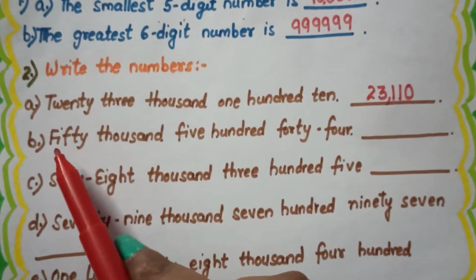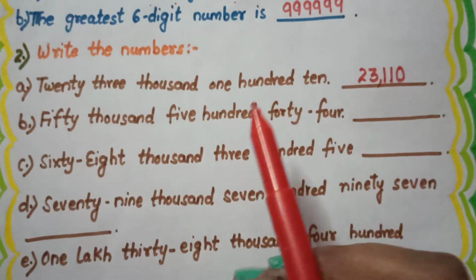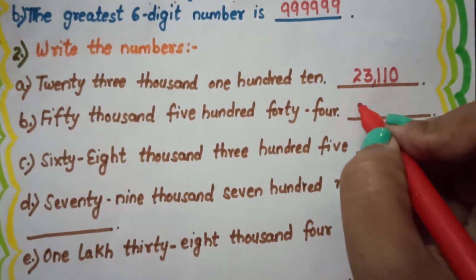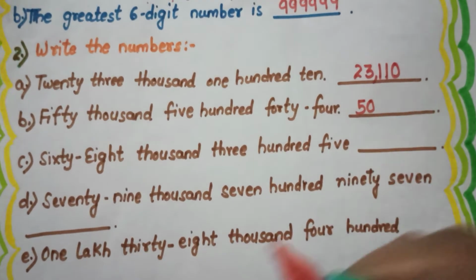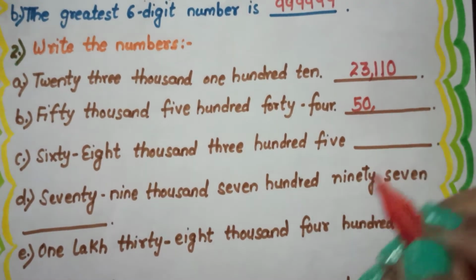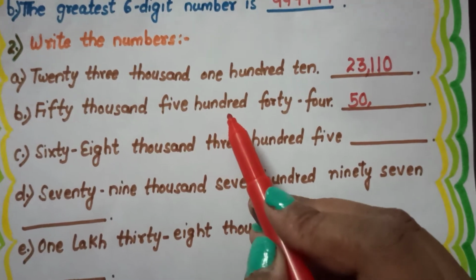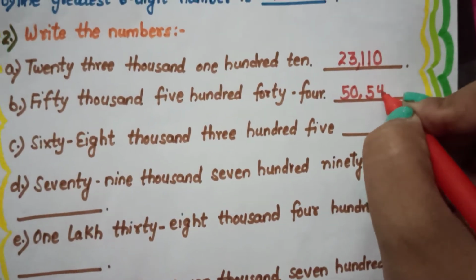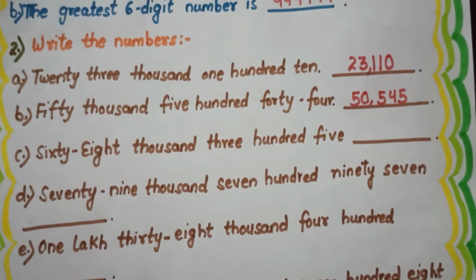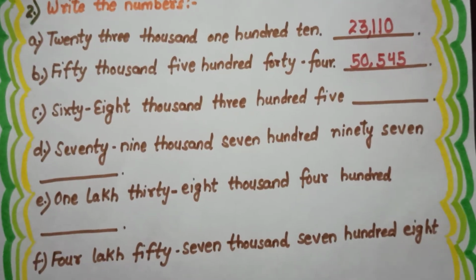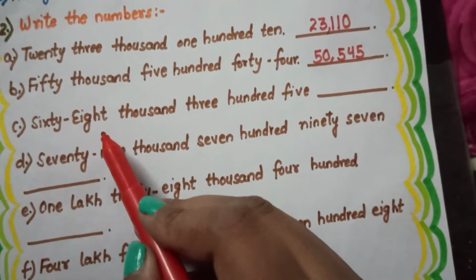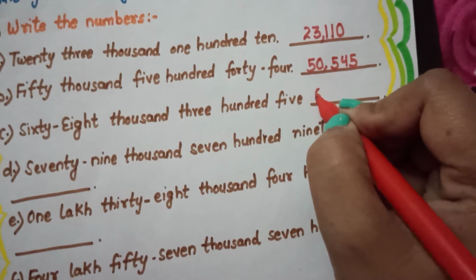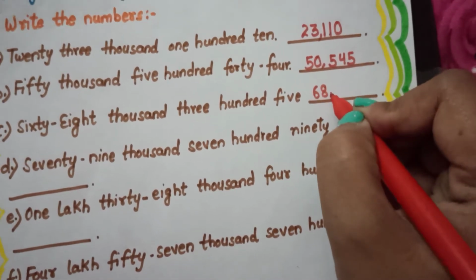Okay. Now 50,544. Now 50,000. Let us write down 50, then put 1 comma, then 545. Now C part. 68,305. So let us write down 68,000.